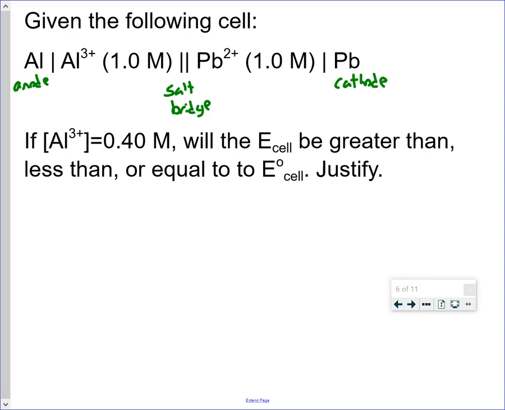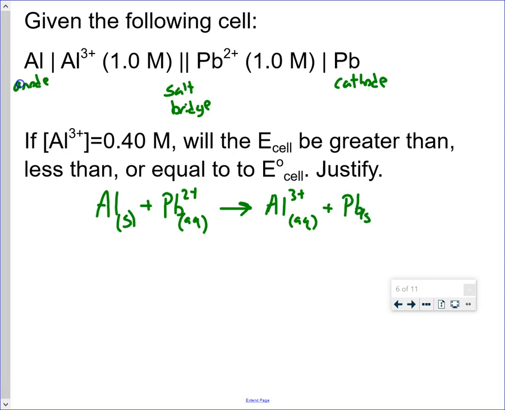So our reactants in this reaction are actually going to be the aluminum solid plus the lead 2 plus ions, and that's going to produce our aluminum 3 plus and our solid lead.